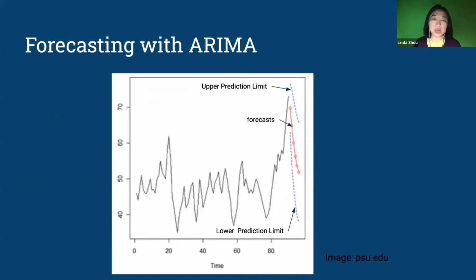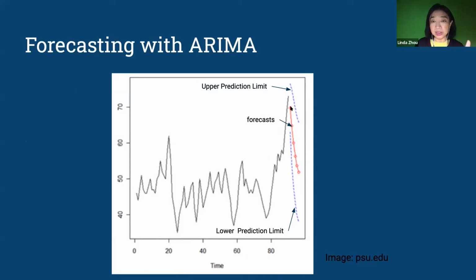So just a quick explanation of ARIMA. ARIMA is used to predict, to forecast the future. When you call ARIMA, the red line here is forecasting the next 1, 2, up to 6 future data points.